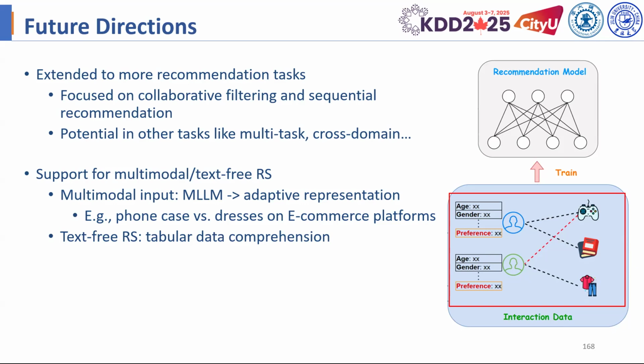While for clothing products, we distinguish different ones mainly based on visual patterns. So, a unified representation from MLLM cannot support adaptive representation. How to build a multimodal LLM-enhanced RS is still an open problem.